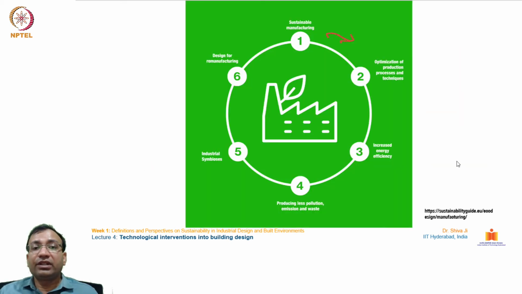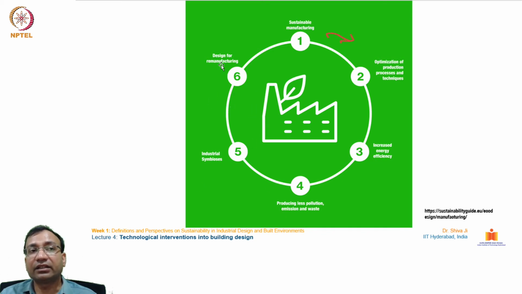So here if you see on this slide, this slide talks about this in a cyclic fashion. So how sustainable manufacturing leads to optimization of processes, production and techniques that will lead to increased energy efficiency of the overall demand which that industry unit is putting up, finally resulting in producing less pollution, emissions and waste, finally establishing an industrial symbiosis and design for remanufacturing.